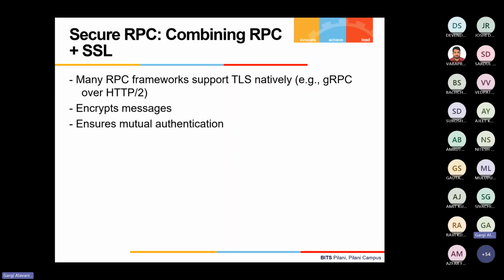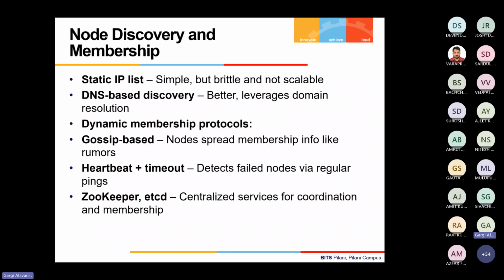Also, you can set up mutual authentication using certificates, so both server and client verify each other's identity, and this helps to have a trusted and secure channel. We are then able to take care of critical or sensitive operations like financial transactions or even transferring credentials, as we discussed earlier.